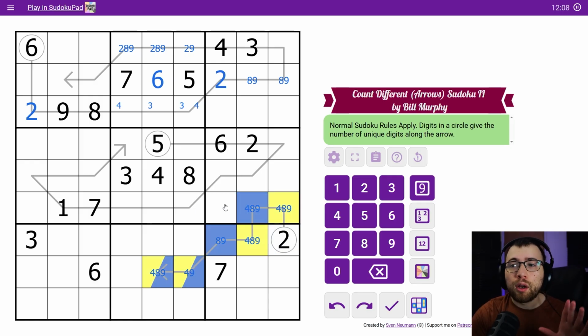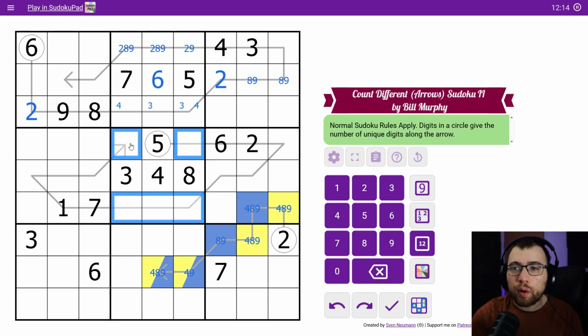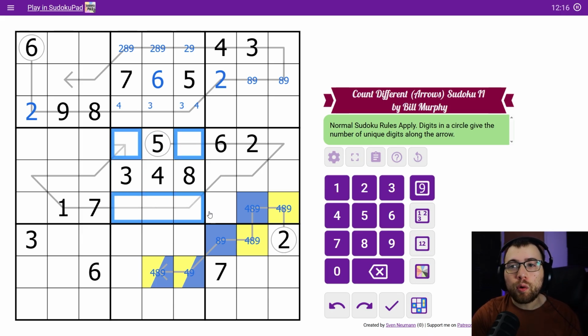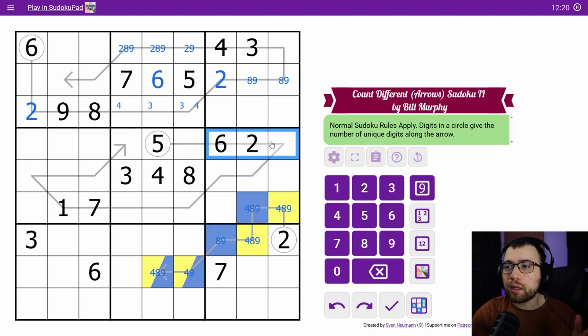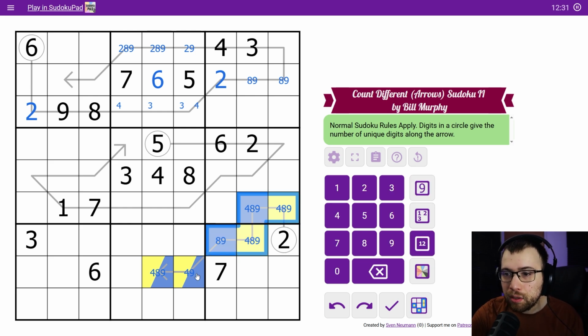However, if you think about it, where does the 9 have to go in this box? The 9 has to go in one of these squares, which means that the 9 is going to be on the line. So if the 9 is going to be on the line, where's the 9 going to be in this box? On this line, which means if the 9 is on this line in this box, it can't go down here in this box. So these can't be 9s. So none of these are 9s.